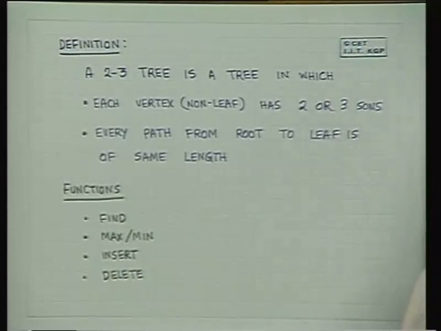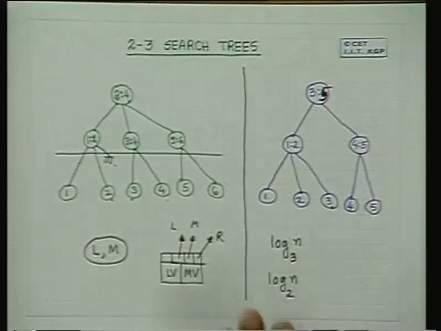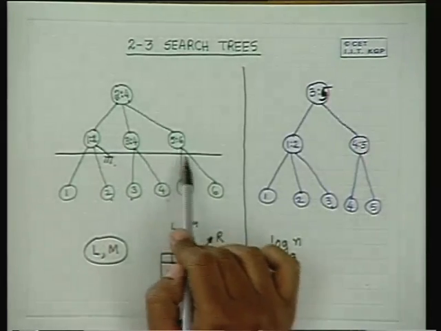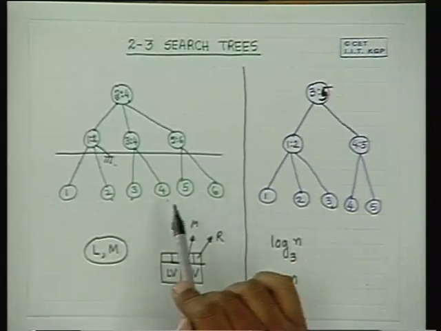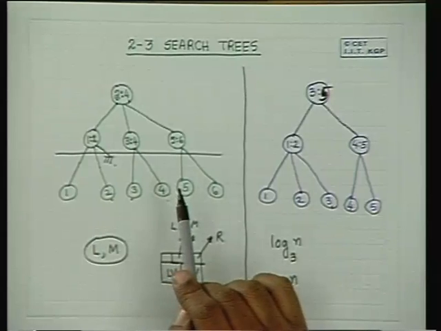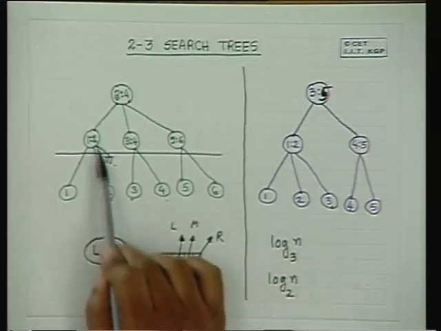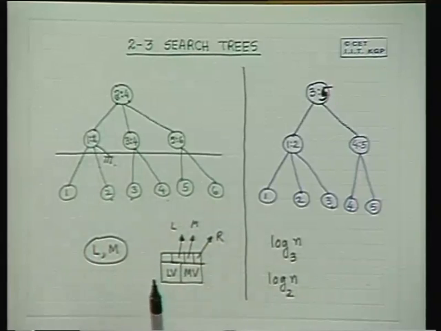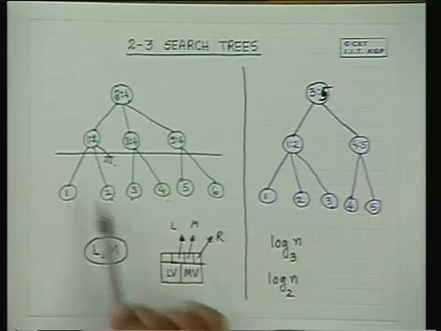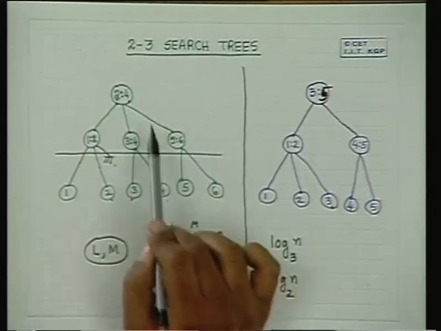Here note that every path from root to leaf is of the same height in a 2-3 tree. Unlike in a binary search tree where the height may be different, even in an AVL tree there may be differences in height. Here the height, like in a tournament, the height from root to leaf will be exactly same for all the nodes.